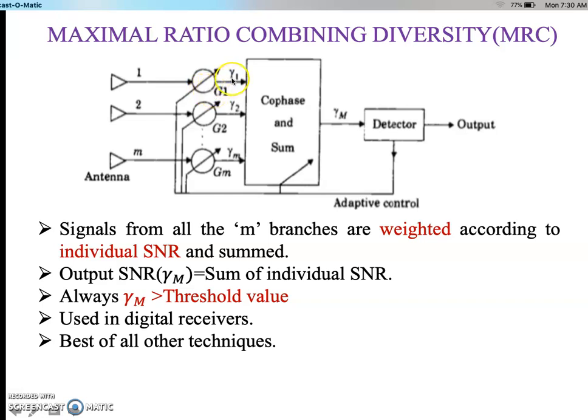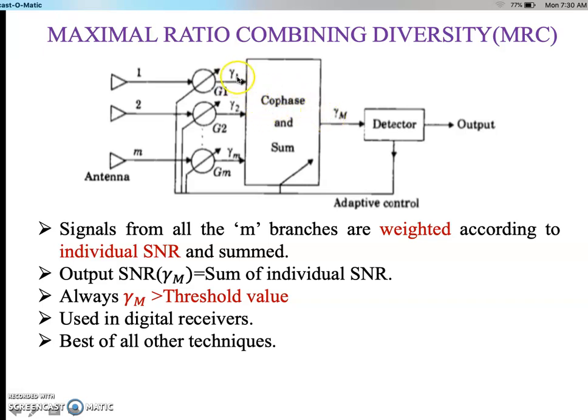I can boost it up with the help of this adaptive control. Whenever the SNR value of a particular branch goes low, I can vary this adaptive control so that I can vary the gain here. By varying the gain, I can boost up the signal to noise ratio of any branch.